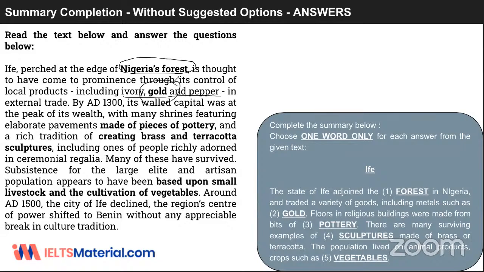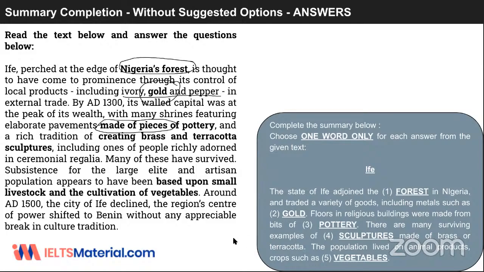So there are three types of goods that came into prominence: ivory, gold, and pepper. Gold is the metal, including metals such as gold. And then floors in religious buildings were made from bits of pottery. Bits of means made from pieces of pottery.